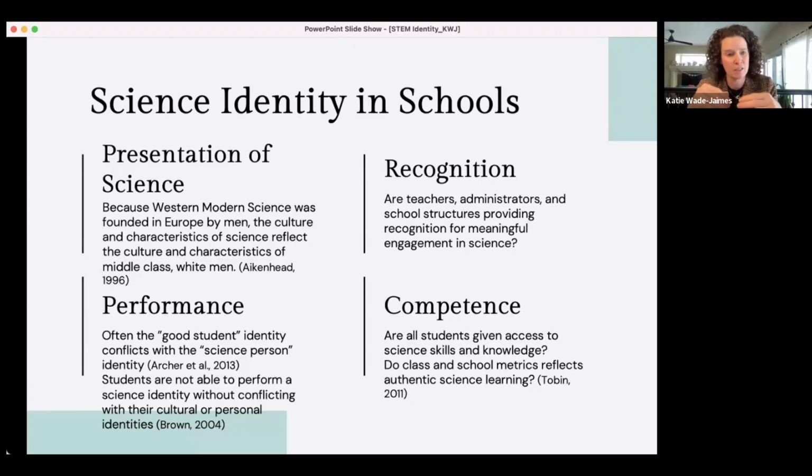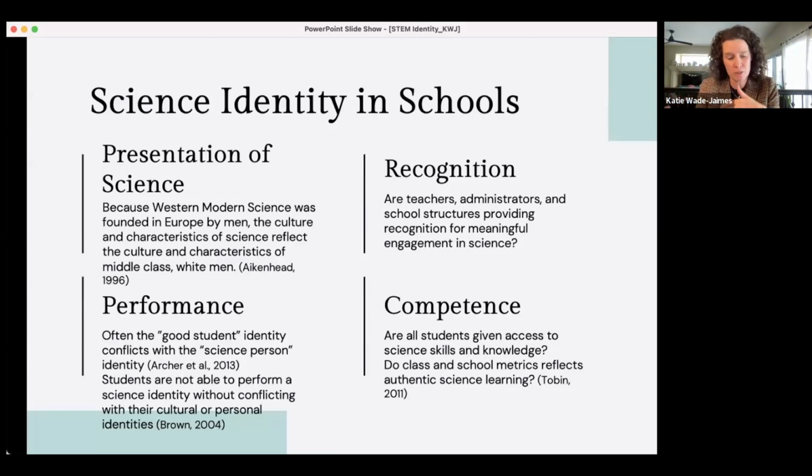When we think about a science textbook, it's a very specific canon of scientific knowledge. That is usually based on Western modern science, and it was founded in Europe by men. So the culture and the characteristics of science reflect the culture and the characteristics of middle-class white men, because they were the ones to kind of define what counted as science at that time.